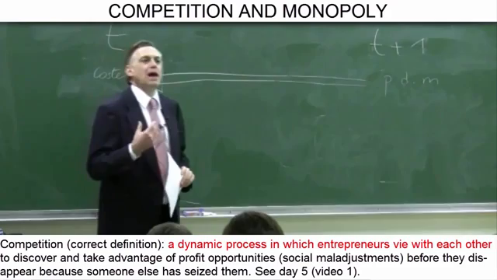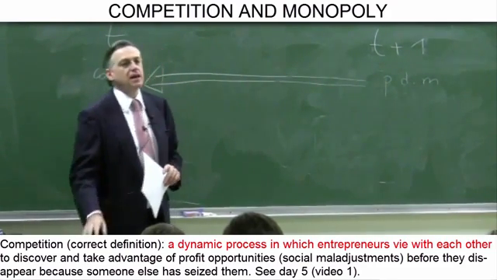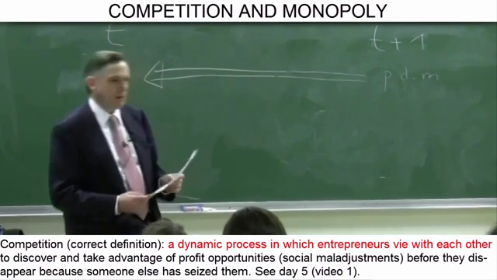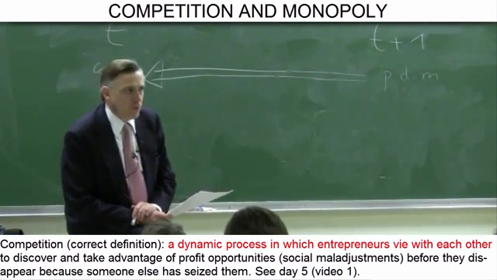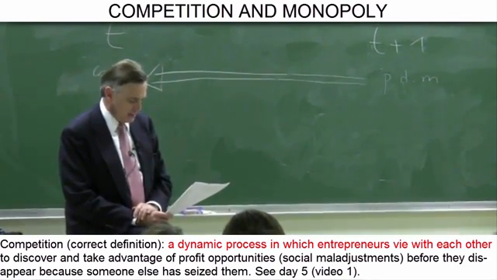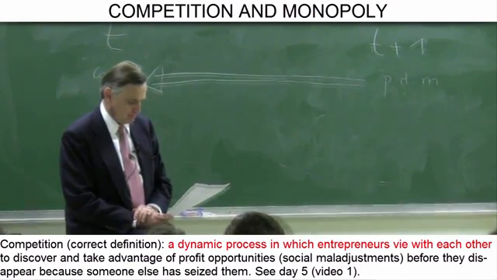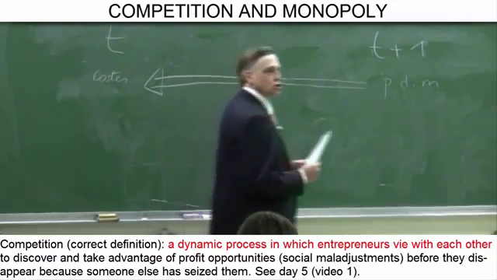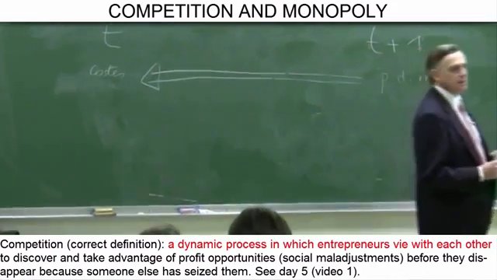It is a process of emulation. It is a process of trying to surpass our rivals in all areas, by creating or perceiving profit opportunities before others do. That should be clear at this point in the course, because we have repeated it over and over again.